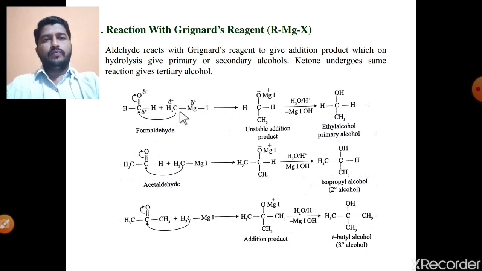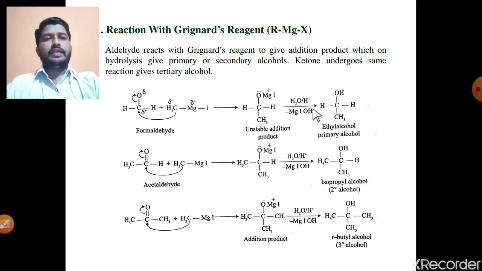This methyl group with its electron pair attacks the carbonyl carbon, which gains a partial positive charge. At the same time, shifting of the pi electron takes place towards the oxygen, and oxygen gains a negative charge. At the same time, a bond forms between the carbonyl carbon and the methyl group. This O minus is stabilized by Mg plus, meaning it gives one magnesium salt, one ionic salt.